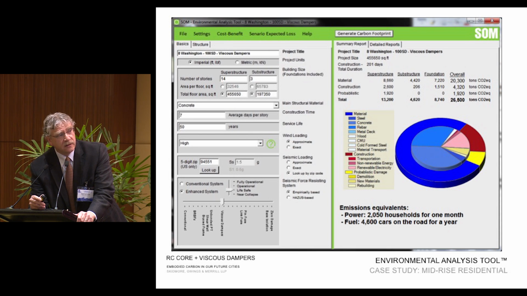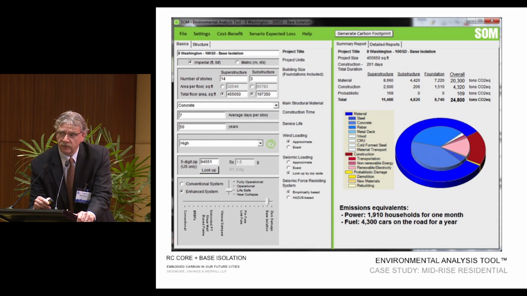And as we designed the building, it looked at various options like viscous dampers. We were able to reduce the probabilistic damage over the life of this building, and the target life was 50 years. Okay, so it's 14 stories, 3 basements, the areas that are shown. And then seismic isolation. So we're able to reduce it further.